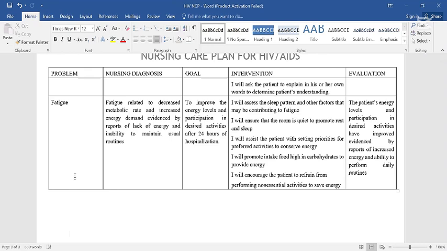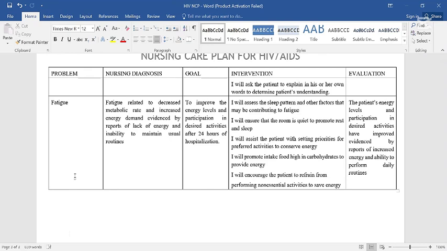And the rationale for that is to understand and identify the reasons why the person is tired. So basically this point is trying to make us understand why the person is being fatigued. So you are going to assess the sleeping pattern and other factors such as the emotional state of the patient. Okay, that's the first one.